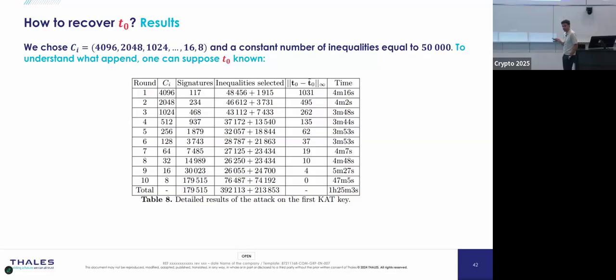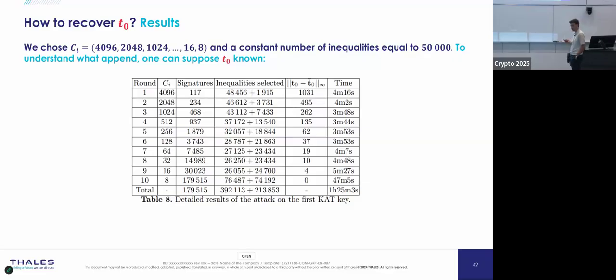Here I displayed the table where I suppose that I know T0, just to show how the sequences of LP systems tend to my secret T0. We saw that the methodology is very effective. Here we managed to recover T0 in less than 200,000 signatures and in half an hour of calculation on a classical desktop computer.